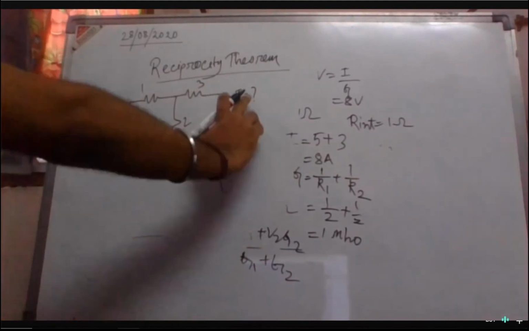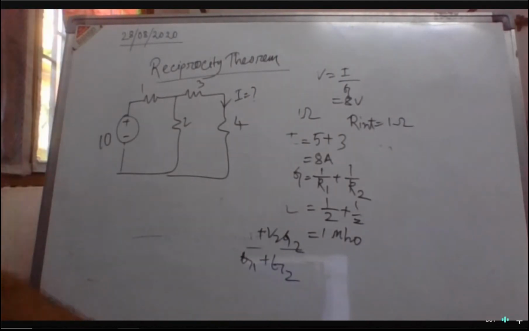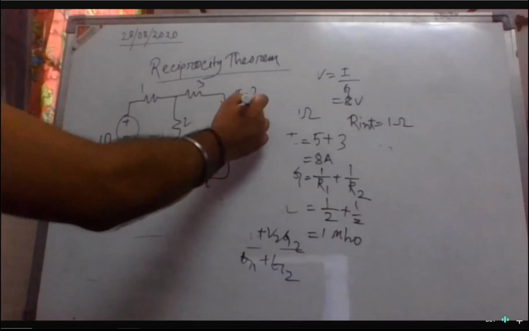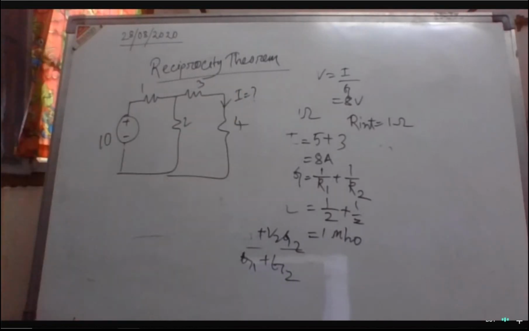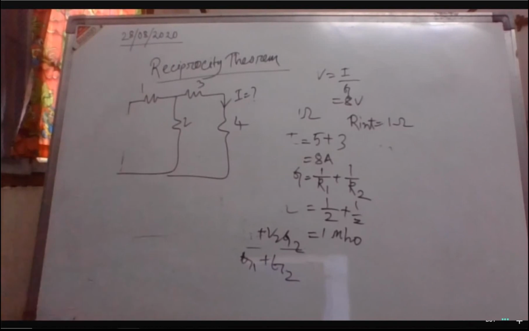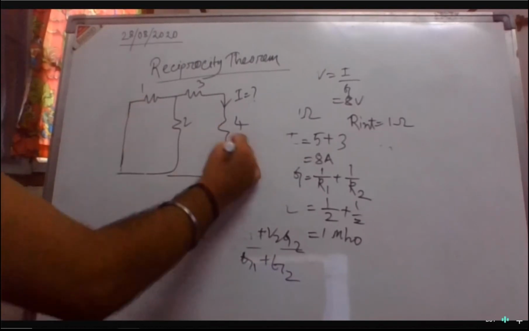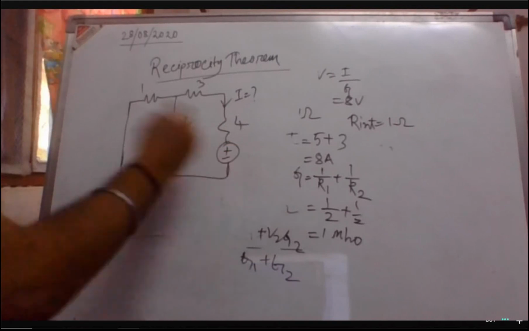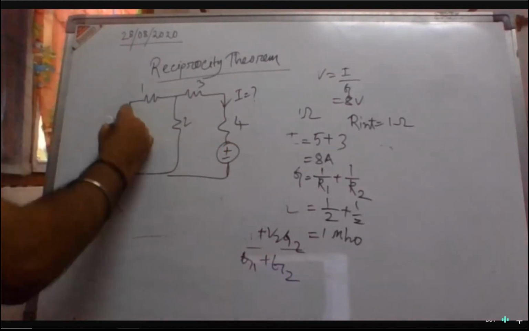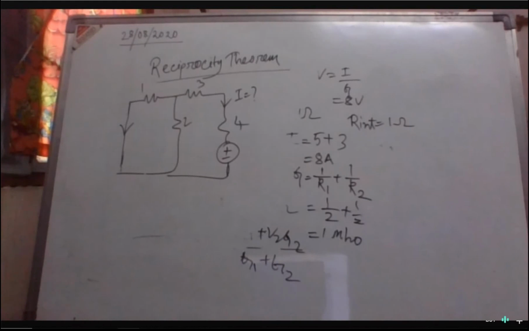Now the reciprocity theorem tells that the value of this current will be the same if we replace this voltage source and bring it here, and then find the current flowing through this branch.